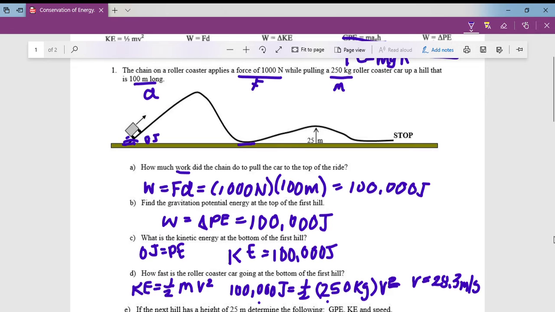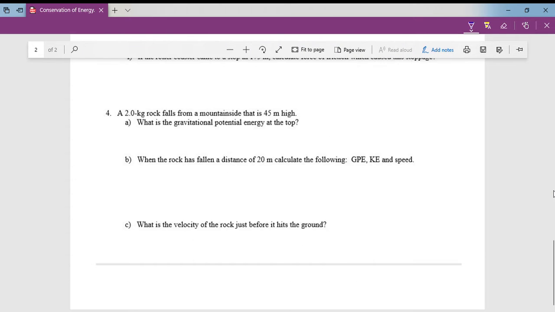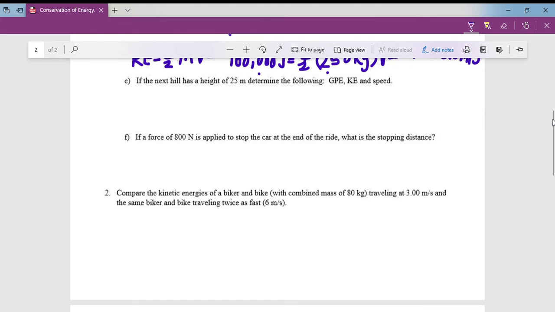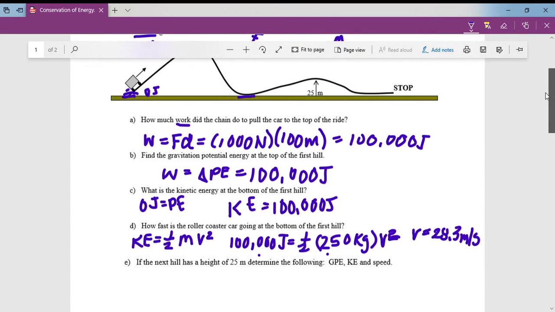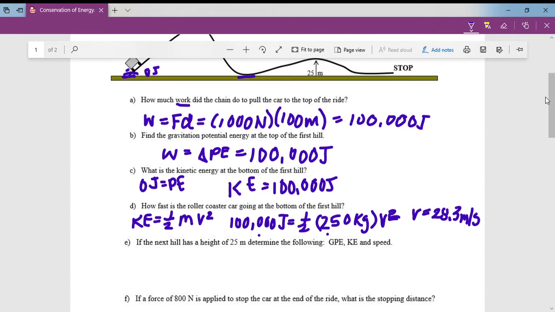Okay, if the next hill has a height of 25 meters, determine the following: the potential energy, the kinetic energy, and the speed. So let's figure out potential energy. We have a height of 25 meters. Underline that, that's our height.